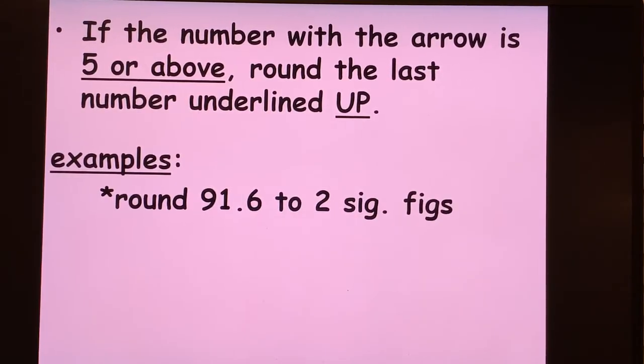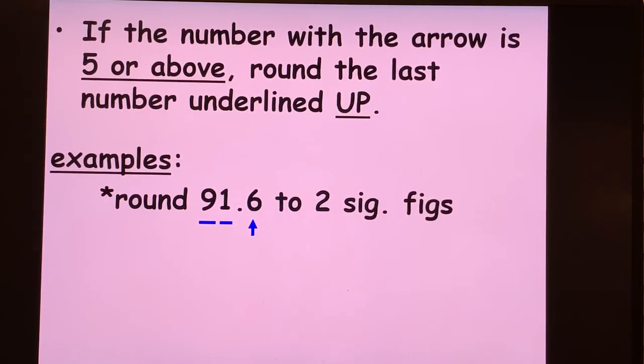So here's an example. Round 91.6, which is 3 significant figures, to 2 significant figures. What would you do? This is the process, the rules we just looked at: underline your significant figures and put an arrow onto the next one, right? The arrow is just saying, hey, is this one a 5 or higher?